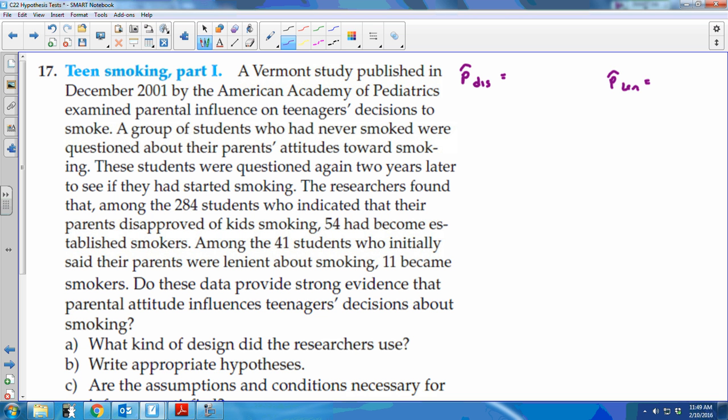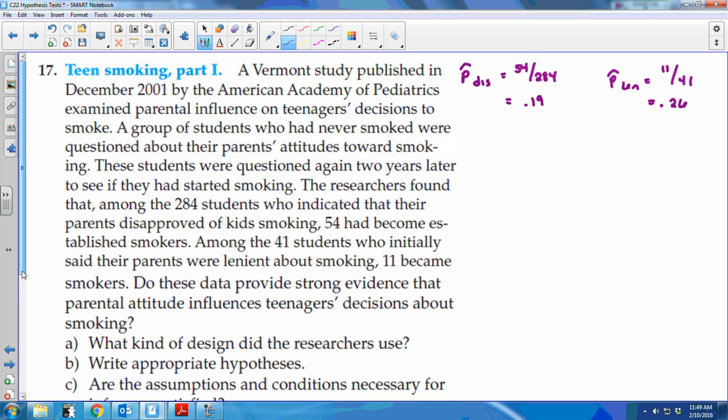You have to somehow indicate which p-hat you're talking about. So the disapproving parents, we had 54 that became smokers out of 284. And for lenient parents, we had 11 become smokers out of 41. And because I don't want to do all the math in the calculator again, that is 19% and 26%. So those are the percentages we're dealing with in this question.